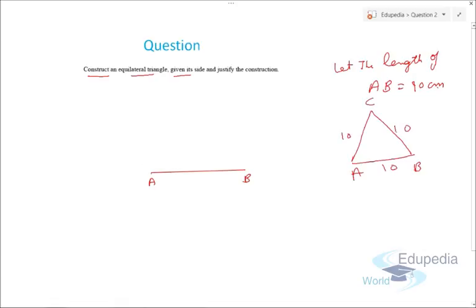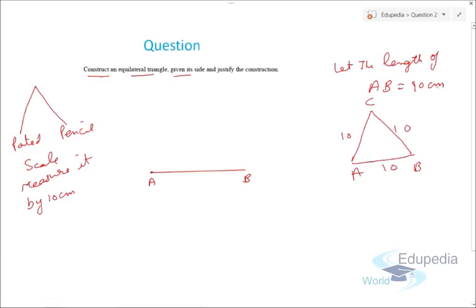Then what we need to do is open a compass like this. Let's say this is a pointed end and this is a pencil part. We need to open a compass, and using a scale we need to measure it by 10 centimeter. So we need to open a compass of length 10 centimeter.